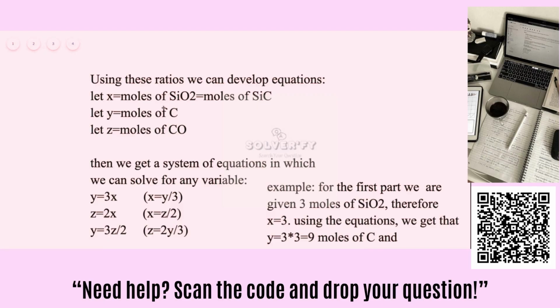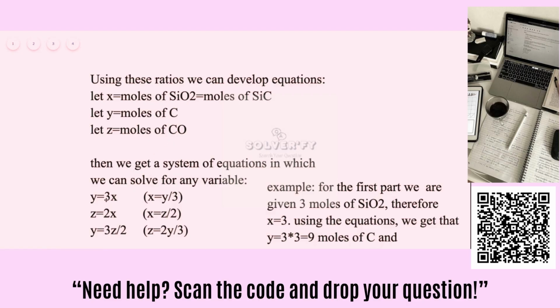So, like I said, you use those ratios. You can develop equations to find moles of any of the products or reactants. So if we let X equal the moles of SiO2, which is going to be the same as SiC, and then Y can be moles of carbon, Z can be moles of carbon monoxide.